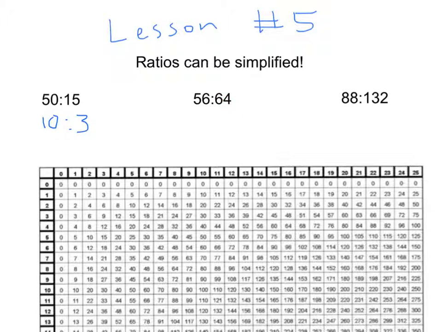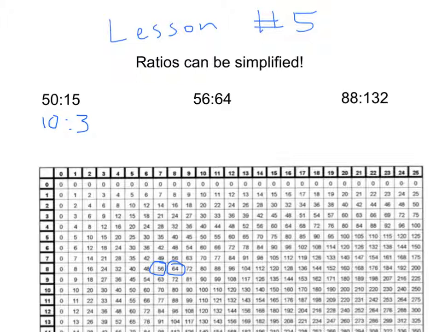So I keep going and I keep looking, and I can see that there's a 56 and a 64 here. So now I found that common factor. It's the multiples of 8. So the common factor must be 8. So I can circle the 56 and the 64, and I know that 8 goes into 56 7 times, or put another way, 56 divided by 8 equals 7.